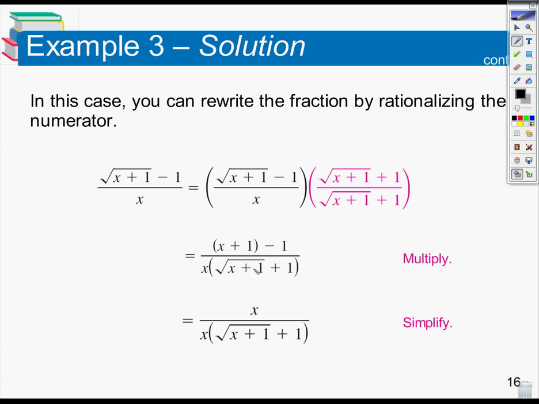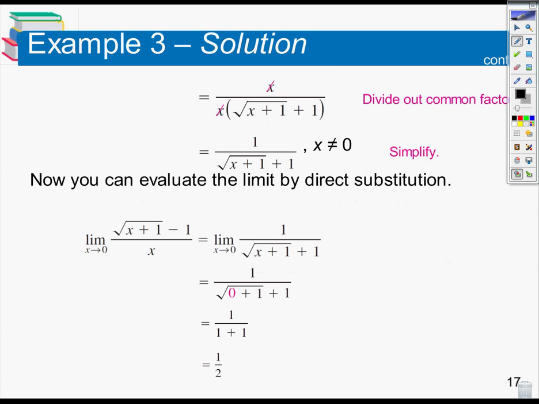Don't worry about actually multiplying it through, because the simplifying piece is probably going to incorporate having those two factors separated. If you multiply it through, it's going to be harder to notice that you can eliminate something. So when we go over to the next page here, see, if you would have multiplied this x through, you wouldn't have been able to see, oh, there's an x on the top, there's an x on the bottom, I can divide them out.